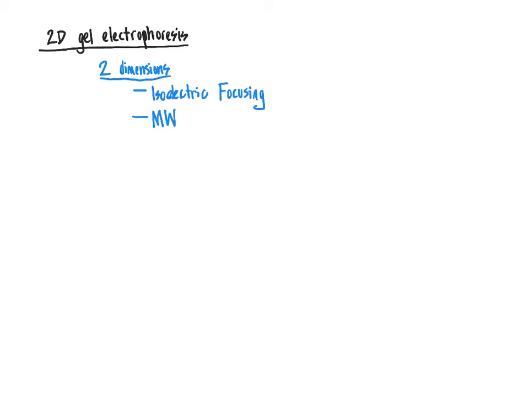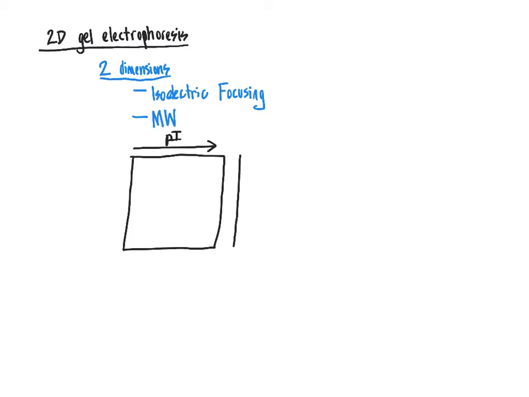So as a result, what we end up with is a 2-dimensional plot of our proteins where in one dimension, we've separated based on the pI value through that isoelectric focusing, and in the other dimension, we separate based on molecular weight. And so as a result, we get a much better separation of proteins than would be possible by doing just one of these techniques alone.